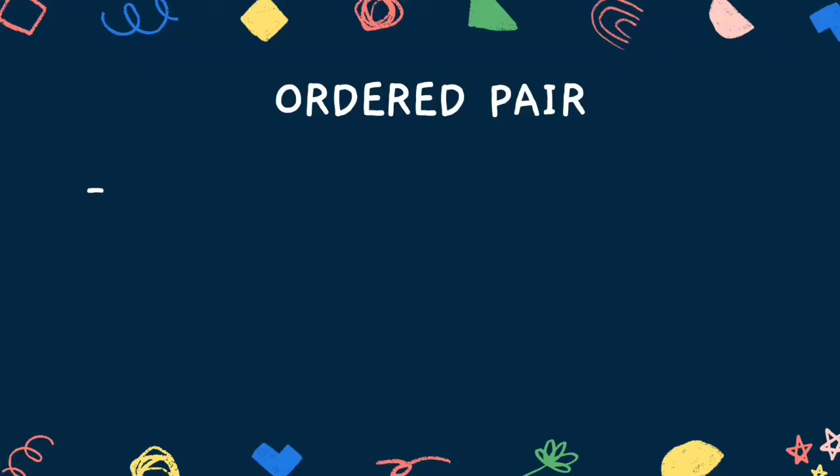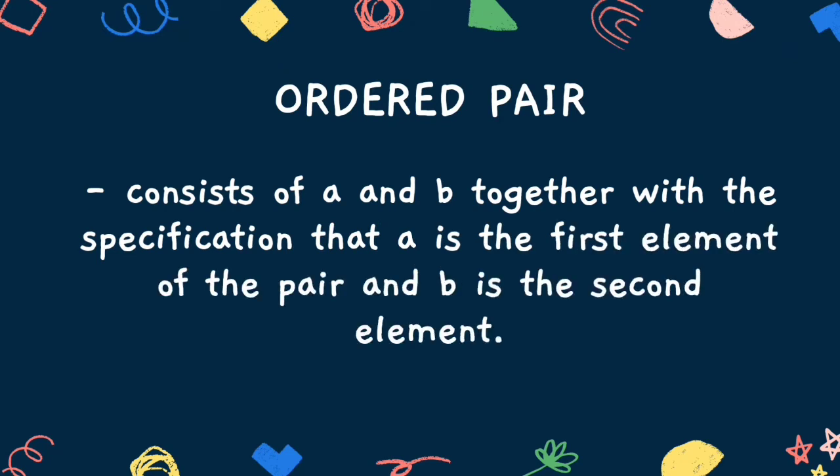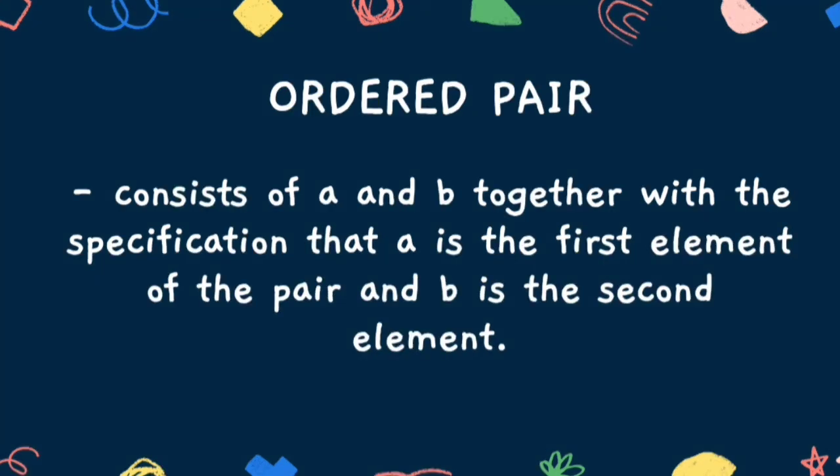So, for us to understand better about Cartesian product, let me discuss first the ordered pairs. An ordered pair consists of A and B together with the specification that A is the first element of the pair and B is the second element.